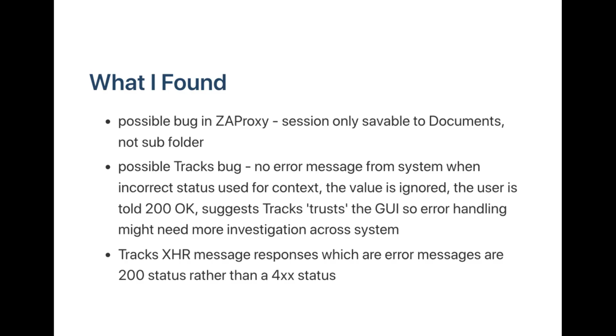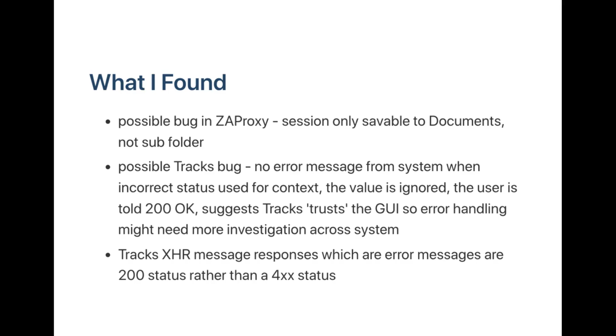Possible bug in Tracks, because when we do things that trigger errors, it's not an error response that comes back. Everything has a 200 status code, and that itself is not an issue, but it triggers for me the thought process that perhaps Tracks trusts the GUI more than it perhaps should, which would make me nervous if I was running this as a multi-user system on a server, because I would want to make sure that people couldn't mess with it.